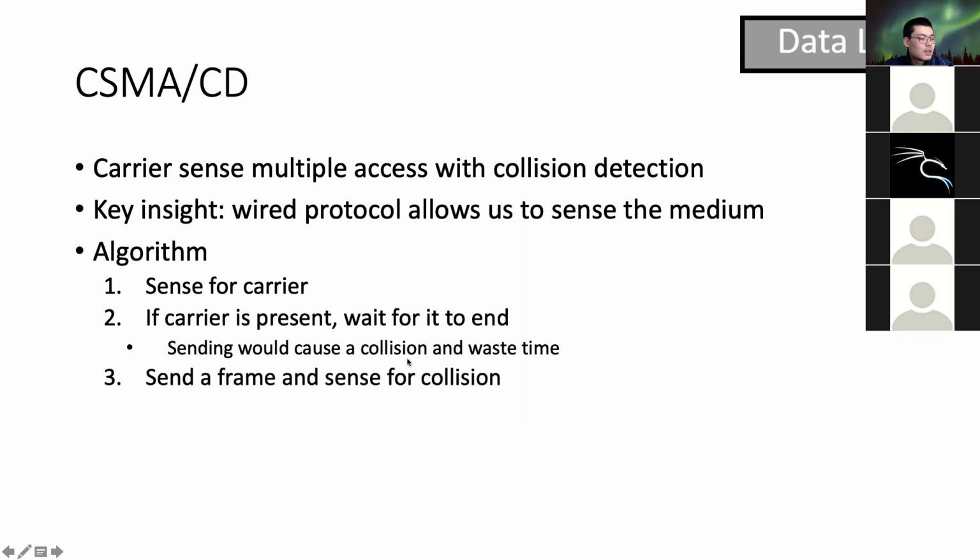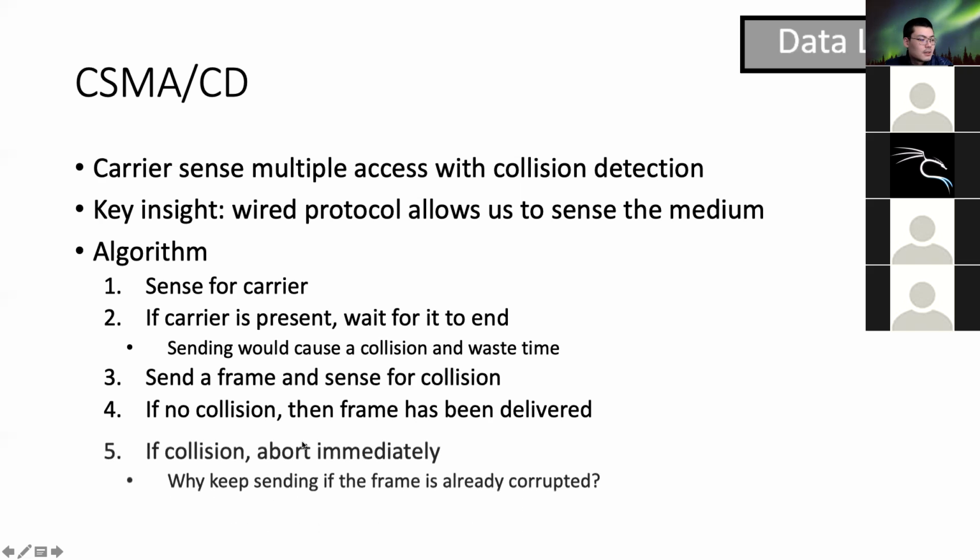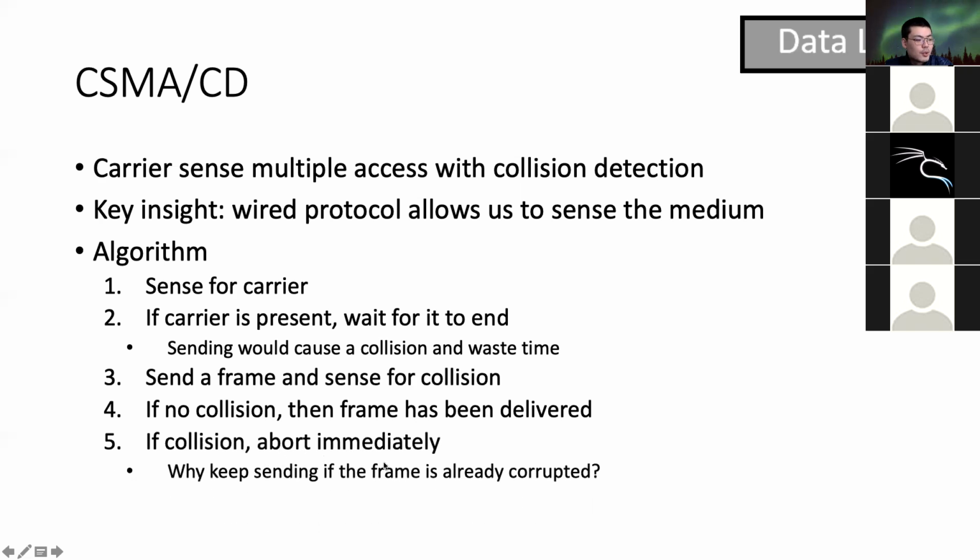While you are sending, you continue to watch for collision, which is why it's called CD, collision detection. If no collision is detected after you fully put the frame onto the wire, then you are done and it's sent. If there's a collision, you need to abort immediately. There's no point to continue sending, it will corrupt the other information. Both actually will abort.